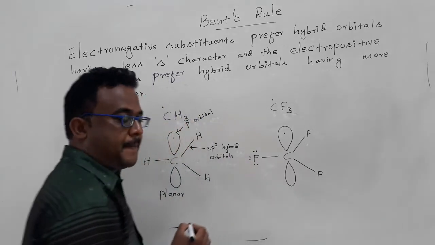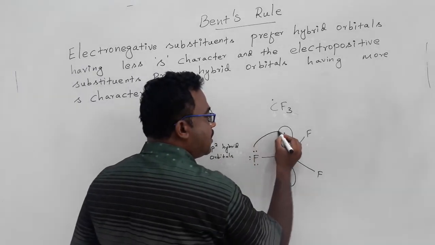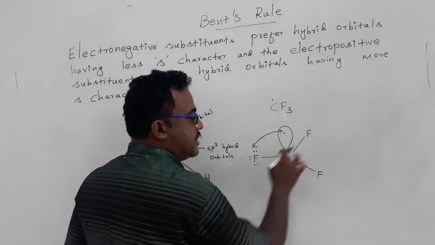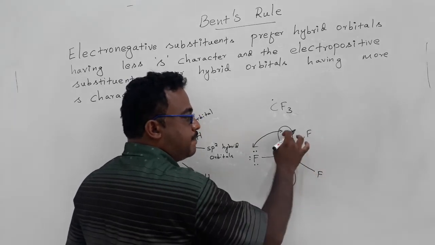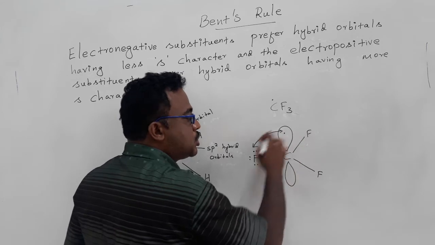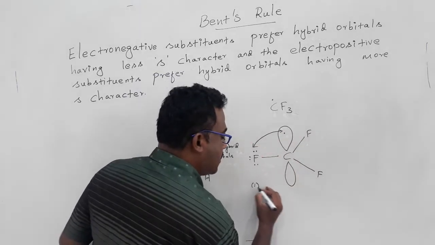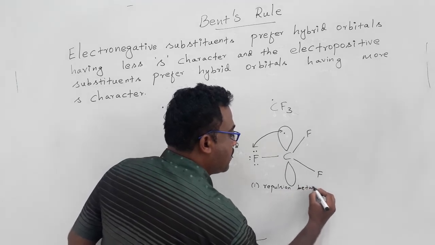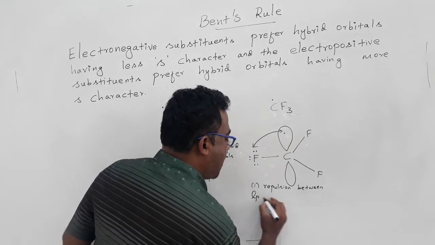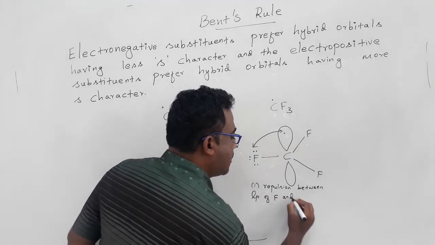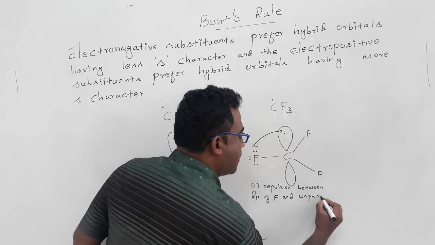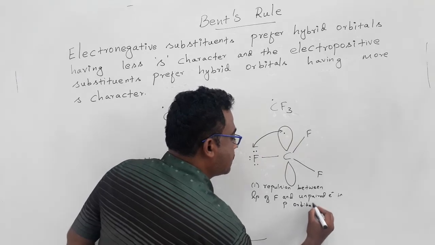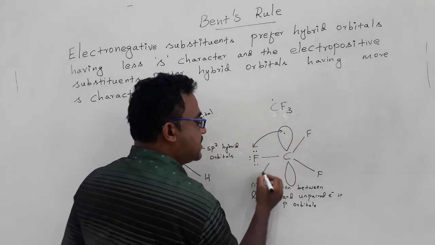Fluorine has 3 non-bonded pairs of electrons, so there will be repulsion, because we know that the CF3 will be in a plane and the p orbital has an unpaired electron, so there will be repulsion between the lone pair of fluorine and the unpaired electron in the p orbital. So it will not prefer this geometry.